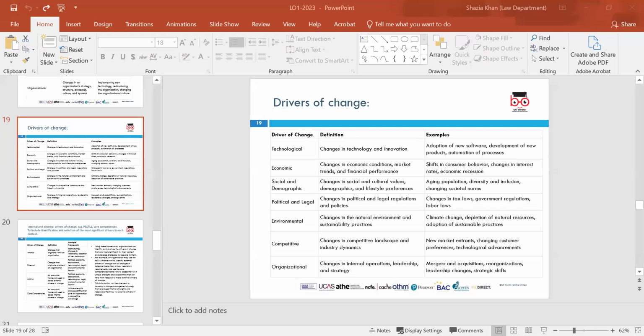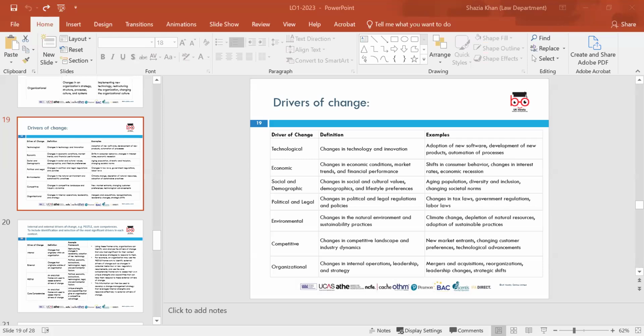It could be elements of social and demographic change, so changes in cultural values, demographic changes. It could be elements of political and legal as well. So these are elements that will impact an organization and how they change.